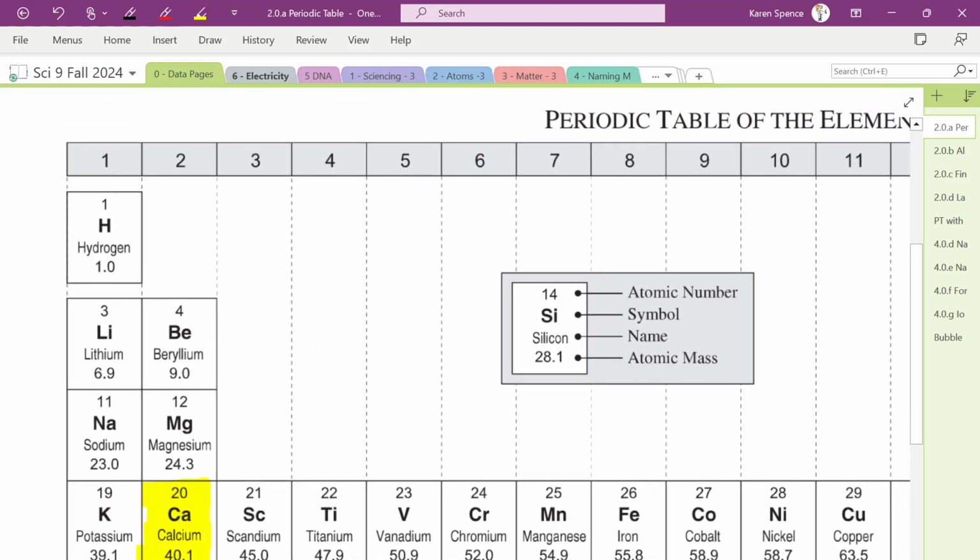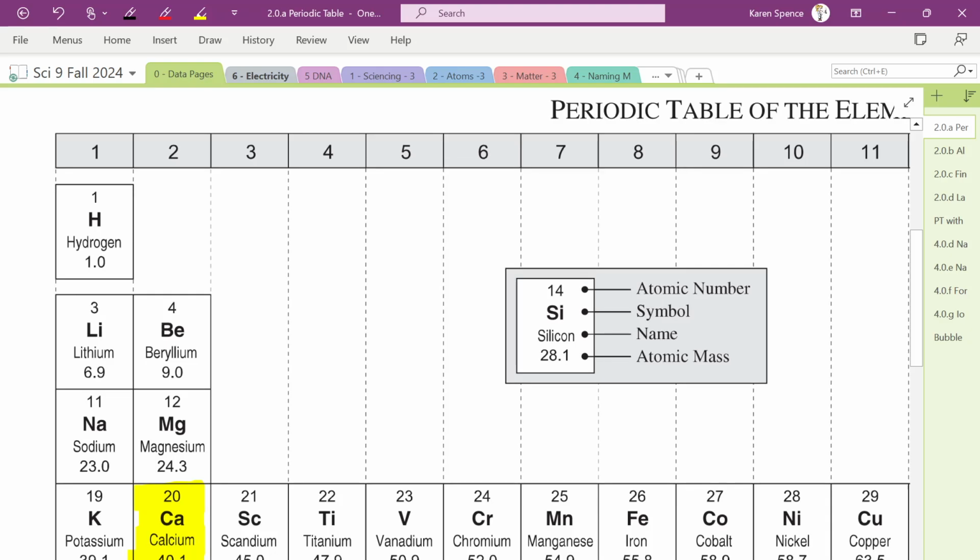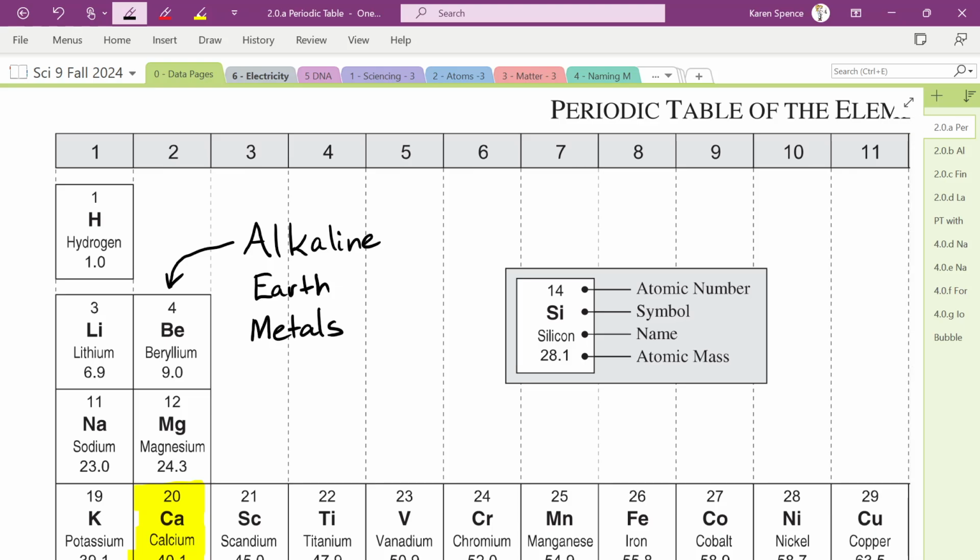And it is in which group? It's group number 2, which is the alkaline earth metals. If you had to take a guess about the charges of group 2, everyone think about it.